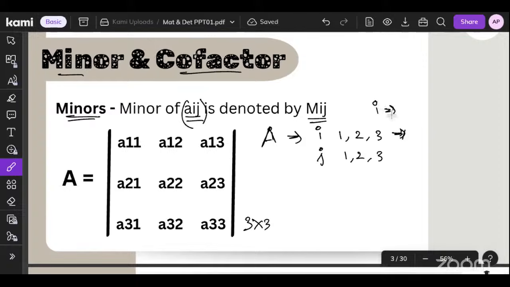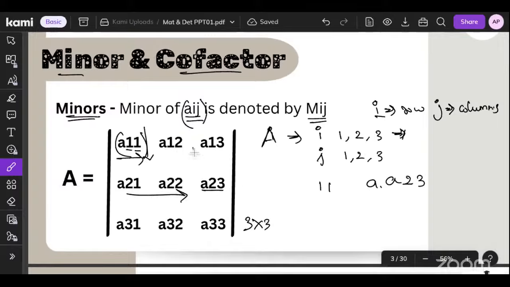I represents the row and j represents the columns. If it is 1, 1, i is 1, j is 1, and it will be first row, first column. So a11 is the first one, and if ij is 2 3, it is a23, and this is the second row, third column.